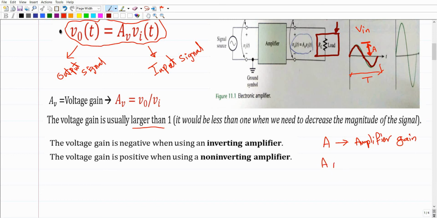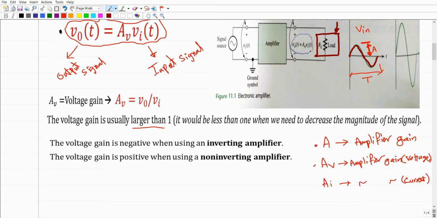If we say, for example, A_V, this means that this is the amplifier gain, but for voltage signals. And it would be A_I in case we have the amplifier gain for current signals. Make sense?